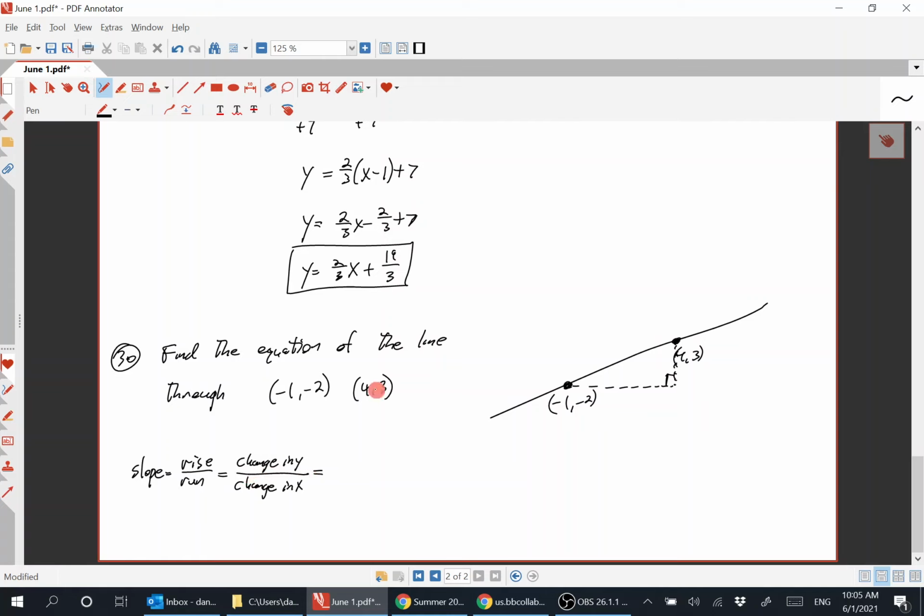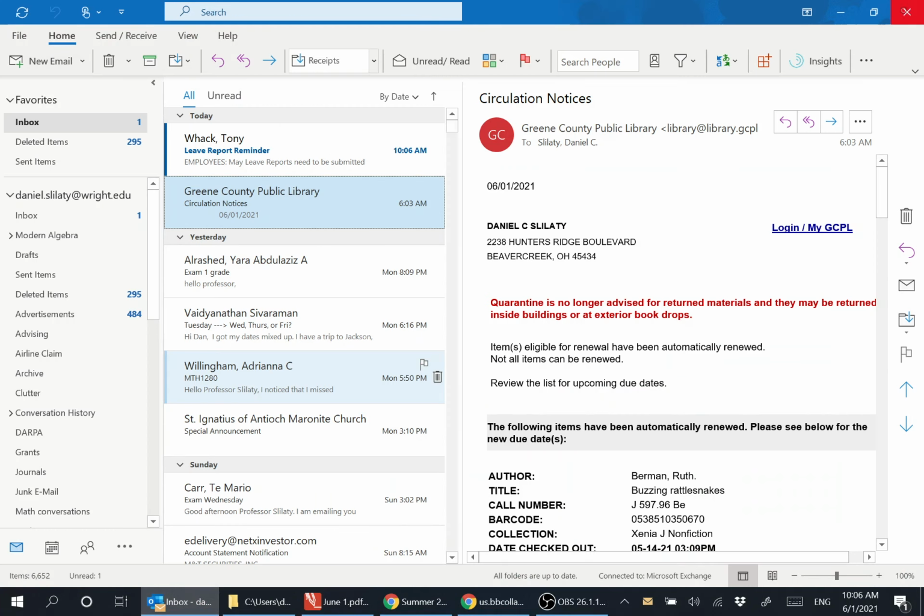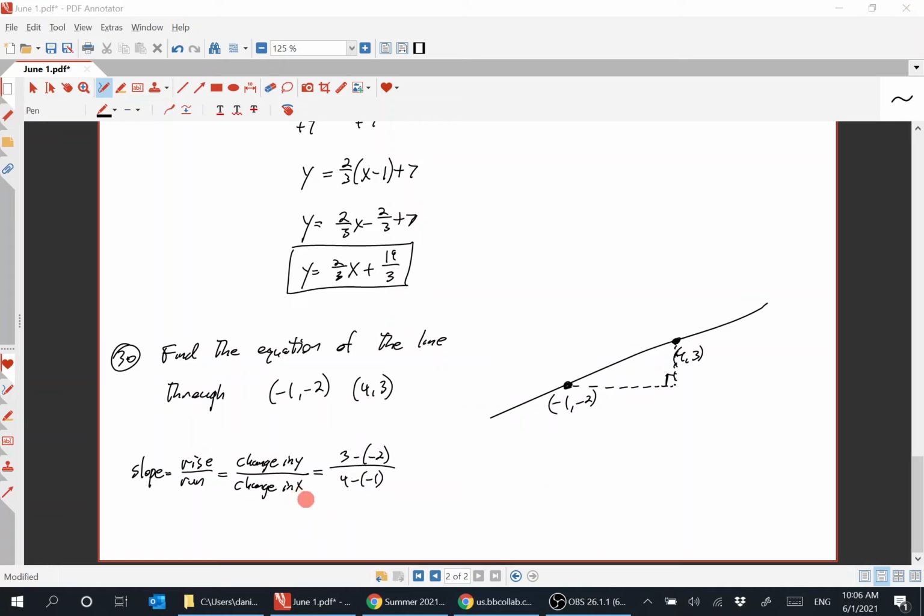So it's the change in y, 3 minus negative 2, over 4 minus negative 1. When you say change, it's subtraction. The y-coordinate 3 minus the y-coordinate negative 2, over the x-coordinate 4 minus the x-coordinate negative 1, turns out to be 5 fifths, which is just 1, so slope 1.